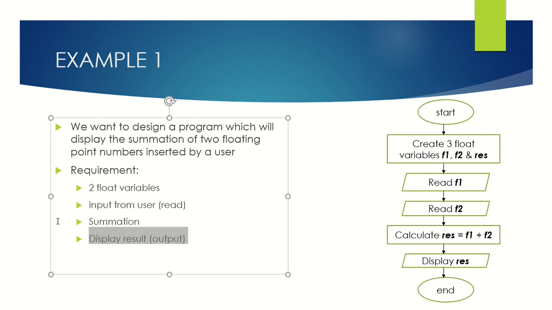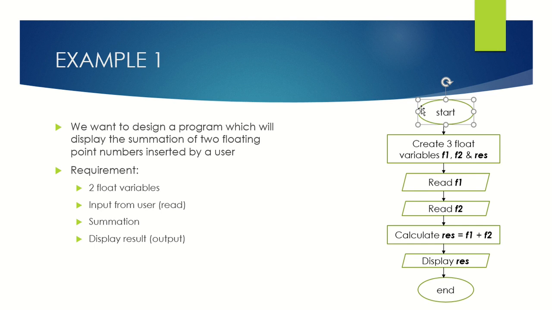Okay, in terms of the flowchart, okay, so normally dia akan start dengan start ni. Okay, after start, normally program dia akan create variables yang diperlukan, all the necessary variables that are needed to run the program. Okay, dalam yang ni kita buat 3 lah. So two variables are used for input, for reading inputs, and then another one, rest ni, digunakan in order to store the results of the summation and then to be displayed at the output lah. Okay, so bila dah create variables, then kita akan read the first input lah, and then kita akan read the second input.